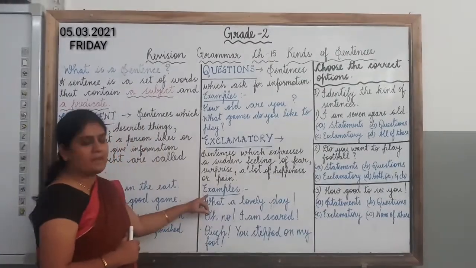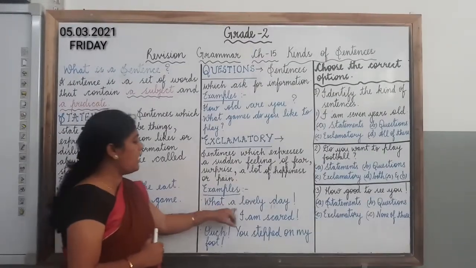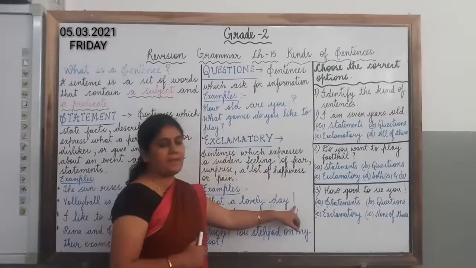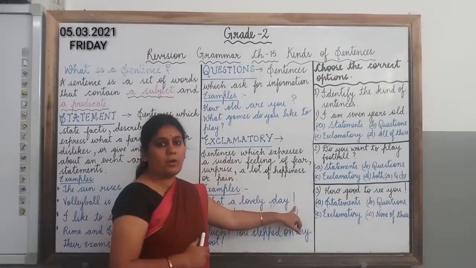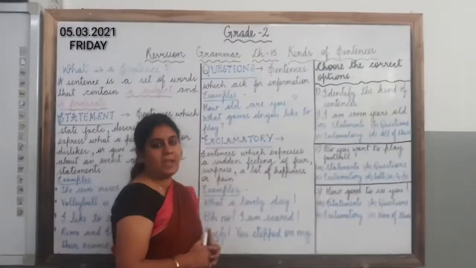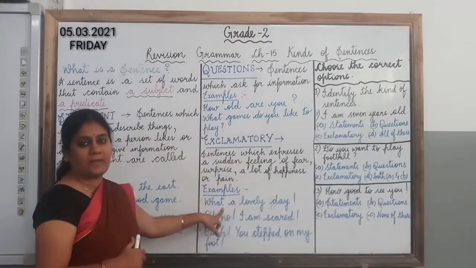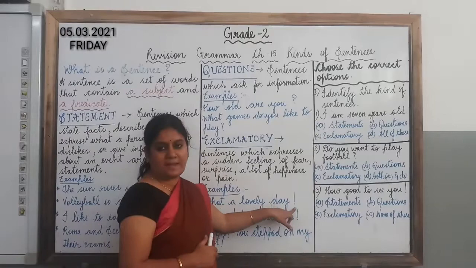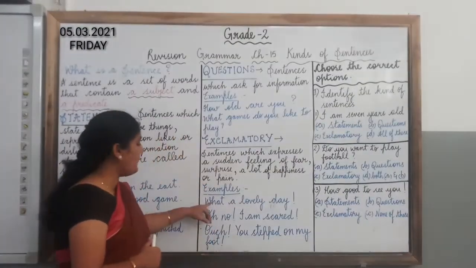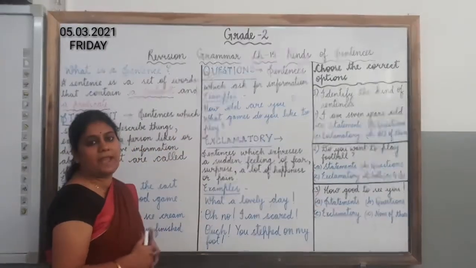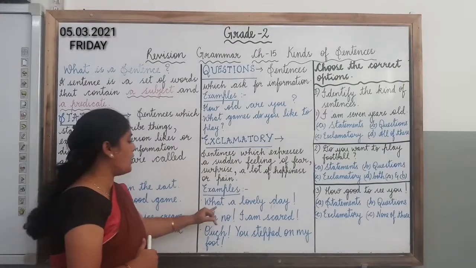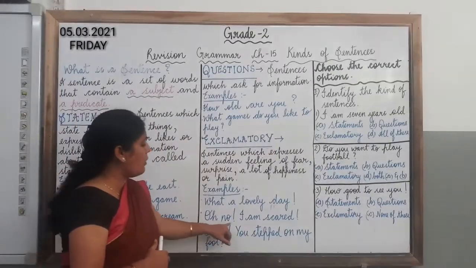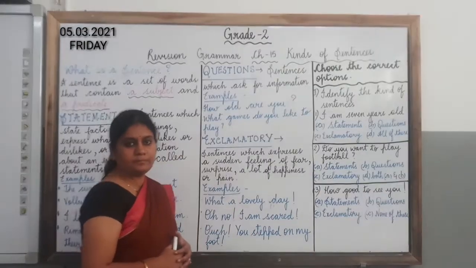Here are a few examples. What a lovely day. Now at the end of the sentence you will find exclamation mark. So this will be very easy to recognize what kind of a sentence it is. At the end, exclamation mark is used, and this tells us the feeling of happiness. What a lovely day. Second is, oh no, I am scared.